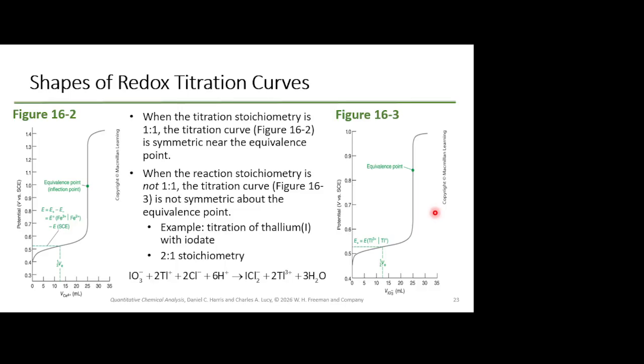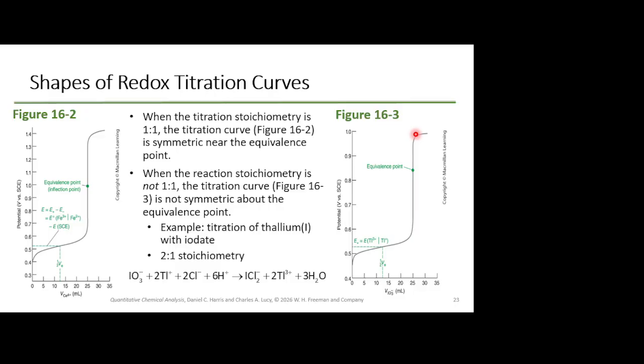Now, the shapes of these redox titration curves will change. The equivalence point does not actually have to be in the middle of this right here. See how that's not in the middle? It is the inflection point, this being the inflection right here, right? And what we're looking at is we're changing over the half cells each time. Up to this, we're the analyte. After the equivalence point, we're the titrant.